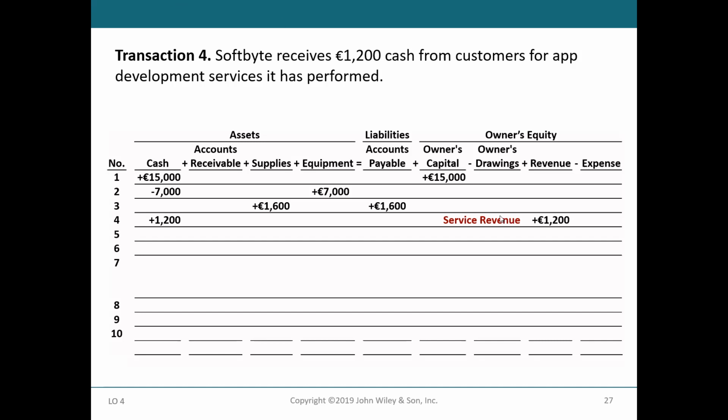Whenever we perform any service for the customer, we earn revenue. If you already finished performing the service, the company will earn service revenue, even though sometimes they haven't received the money yet. So here revenue increased by 1,200 and cash also increased by 1,200.